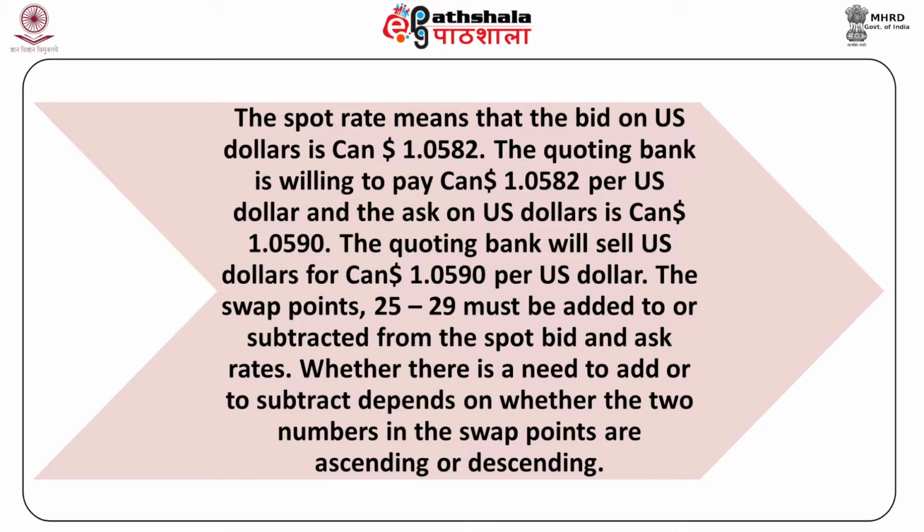The quoting bank will sell US dollars for Canadian dollar 1.0590 per US dollar. The swap points 25 to 29 must be added to or subtracted from the spot bid and ask rates.